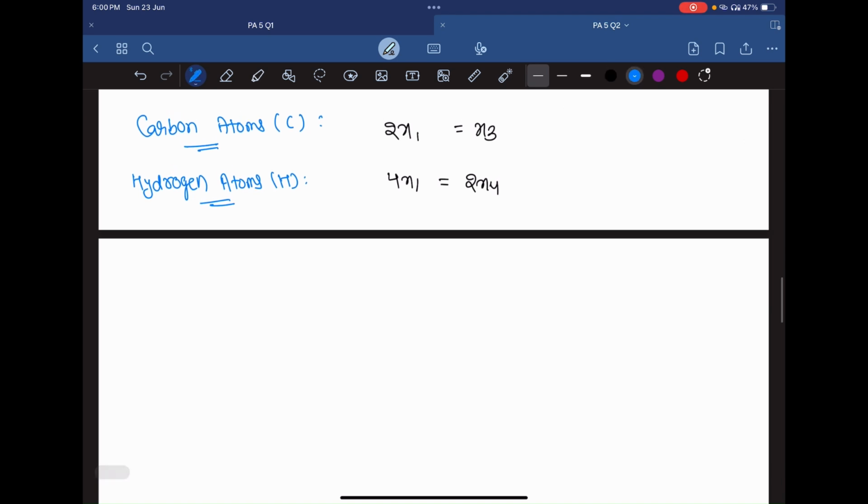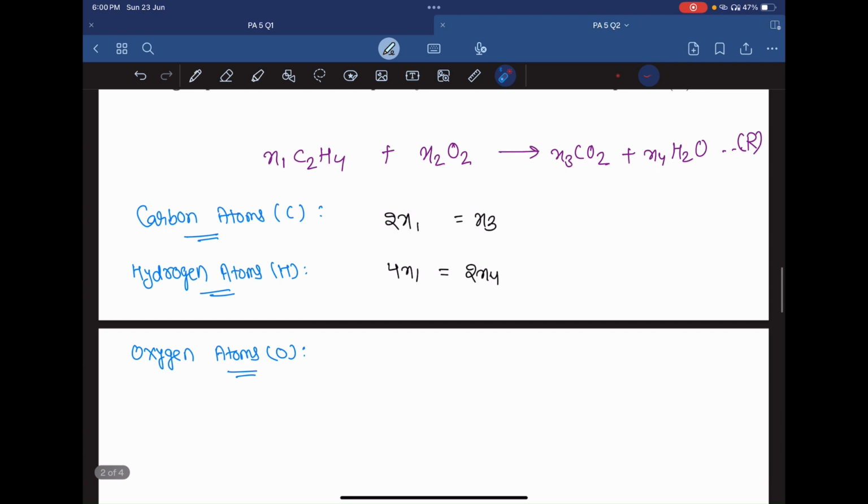Now our third equation would be for oxygen atoms. So we have 2x2 oxygen atoms on the LHS and 2x3 oxygen atoms plus x4 oxygen atoms on the RHS.